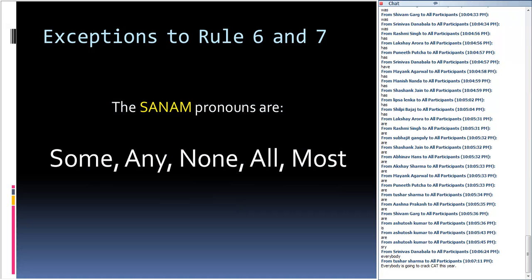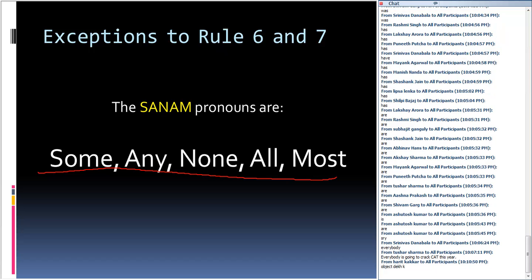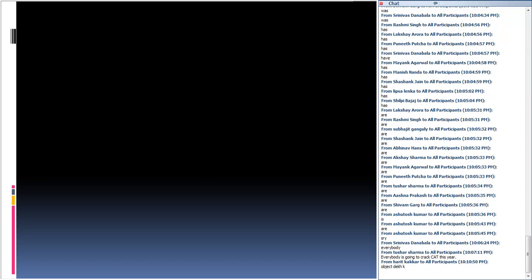Now the question that comes to your mind probably is, if these 5 words can be both singular as well as plural, then how to decide when to use singular verb and when to use plural verb? Well, in that case you will have to break rule number 6. उसके लिए rule number 6 तोड़ना पड़ेगा आपको, ठीक है ना. इन 5 केसेस में आपको rule number 6 भी break करना पड़ेगा.